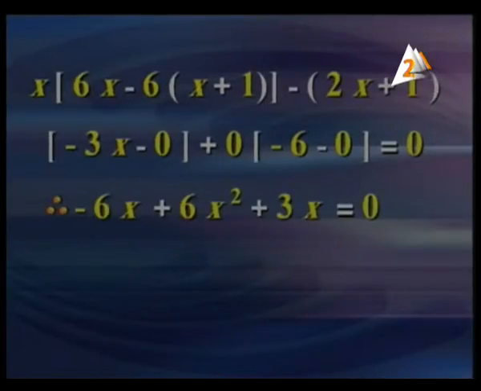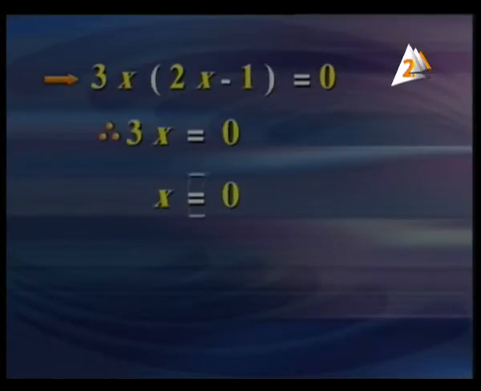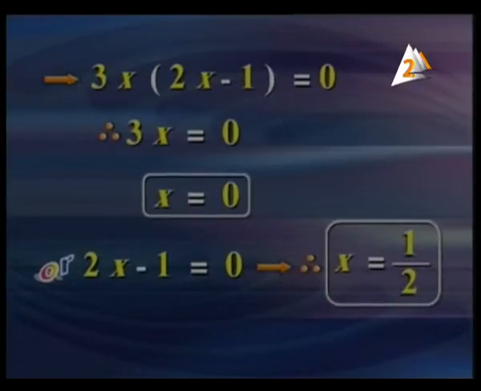Therefore, negative 6x plus 6x squared plus 3x equals 0. Combining like terms: 6x squared minus 3x equals 0. Therefore, 3x, the highest common factor, multiplied by 2x minus 1 equals 0. Therefore, 3x equals 0, so x equals 0, and 2x minus 1 equals 0. Therefore, 2x equals 1, x equals 1 over 2.